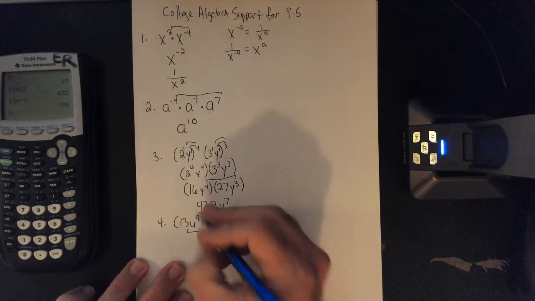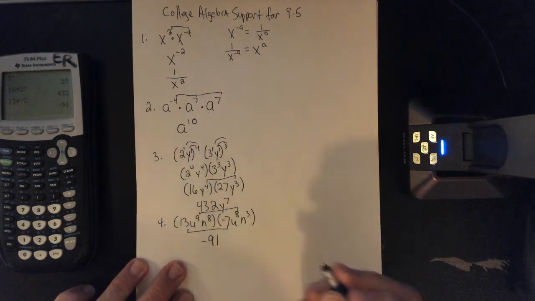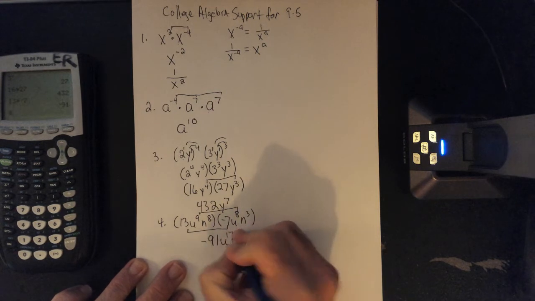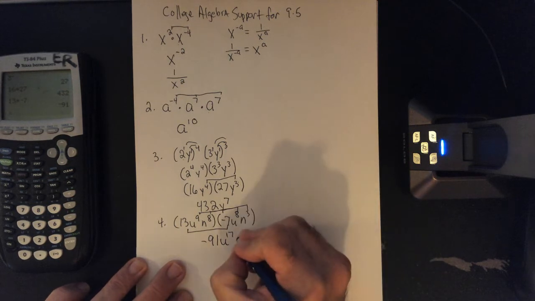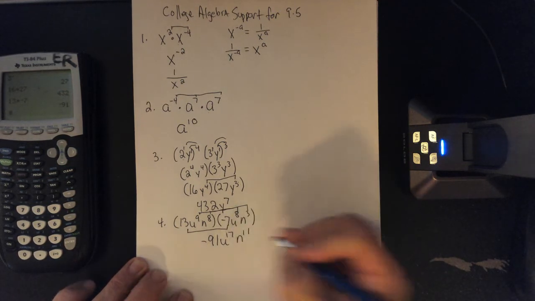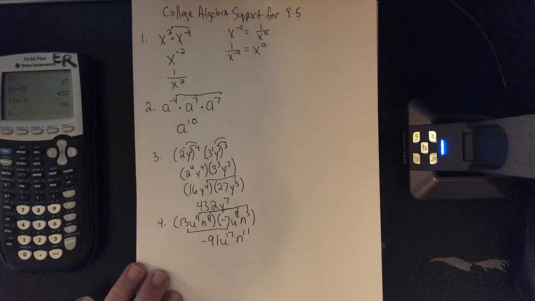U to the 9th times u to the 8th, we add the 9 and 8 together, so we get u to the 17th. And on the n to the 8th times n to the 3rd, I add 8 plus 3 and get n to the 11th.